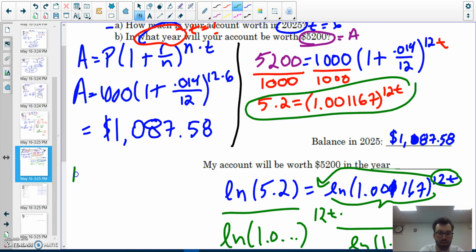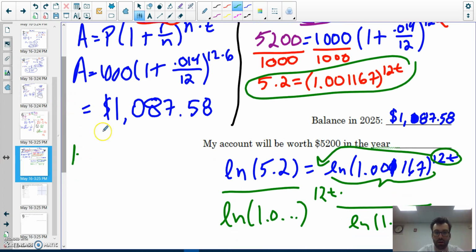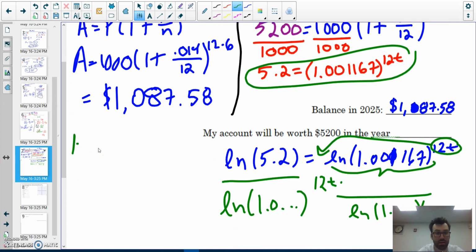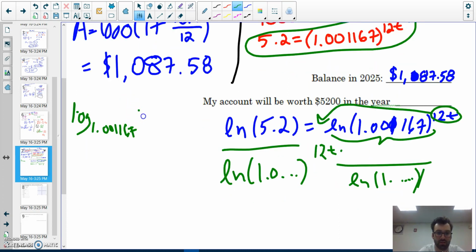So log base 1.0011667 of 5.2 equals 12t, and then figure this out, and you'll still get the same answer.